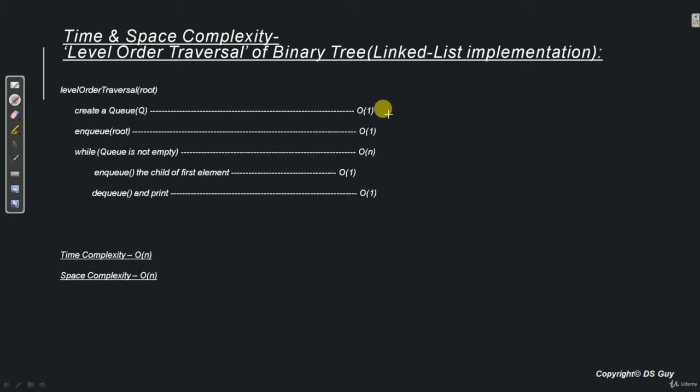So when we are creating a queue, it is an order of one operation. Enqueuing the root is an order of one operation. Checking if the queue is not empty, till that time we have to run the loop. So this is an order of n operation. Why? Because n is the number of nodes in the tree and we have to enqueue each and every node in the queue.